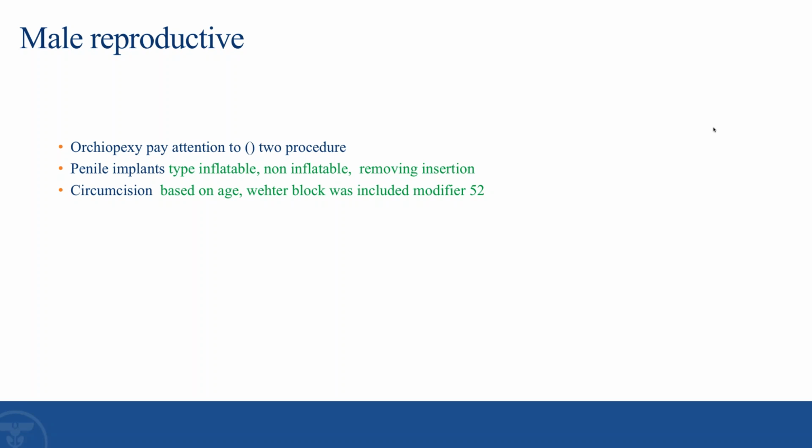So when you're reading a question about penile implants, you have to make note to self, is this inflatable, non-inflatable, and what are they getting ready to do with the implant? Remove it, insert it, very important to know, right? And then circumcisions, we're going to talk about that. It's based on age, and that should say whether a block is included or not, right?